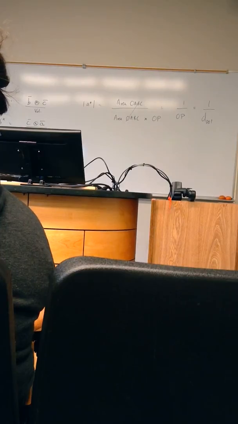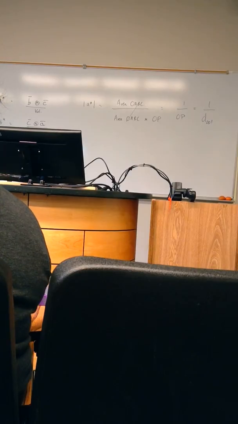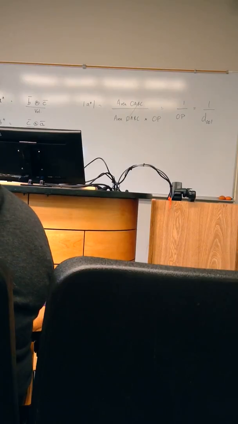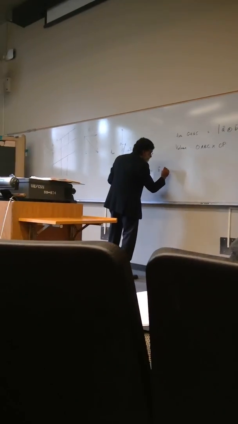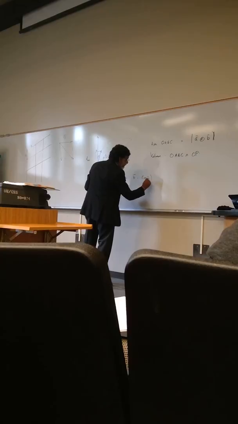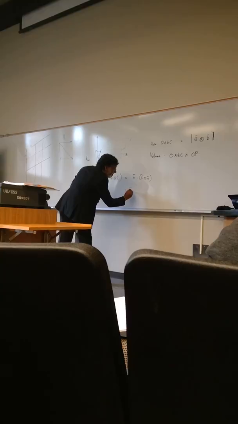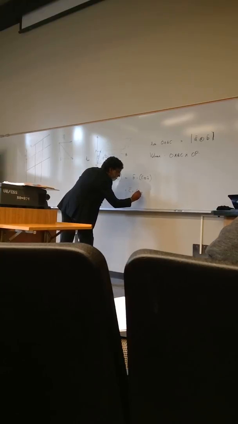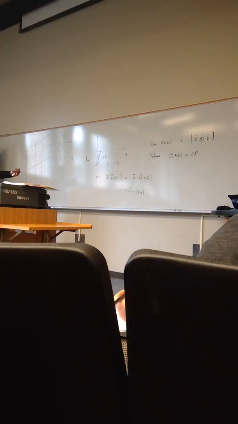The volume, so that you have this in the notes, is a dot b cross c, or it can be b dot c cross a, or it can be c dot a cross b.